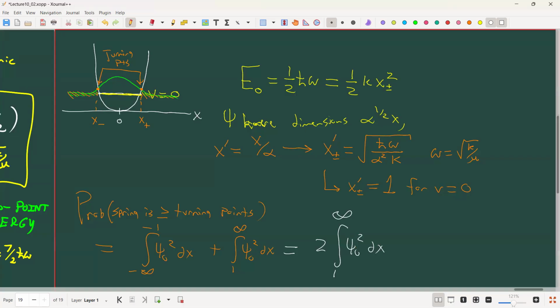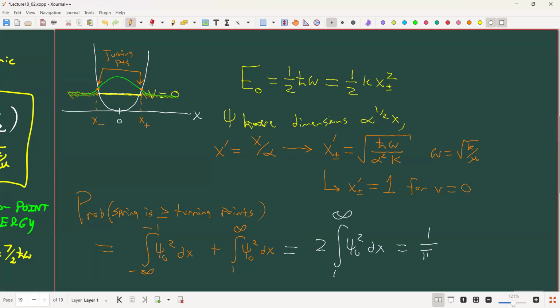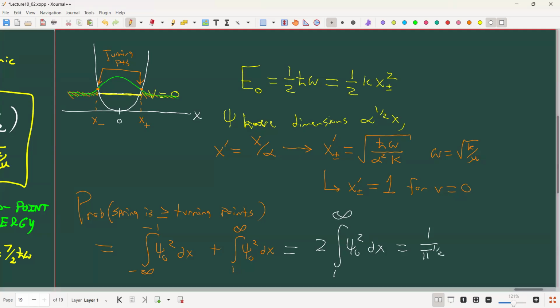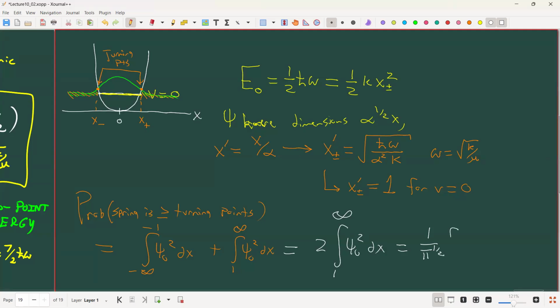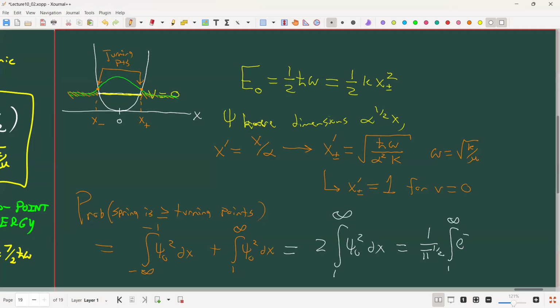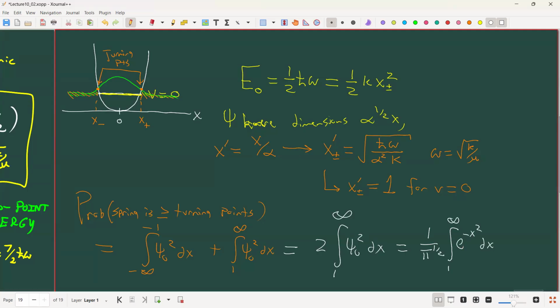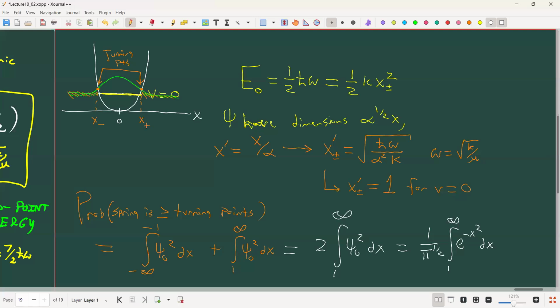We can plug that in, and once you do all the math, that's going to be equal to 1 over pi to the 1/2 times the integral from 1 to infinity of e to the minus x squared dx. I did some u substitution and stuff, and that's what you get.